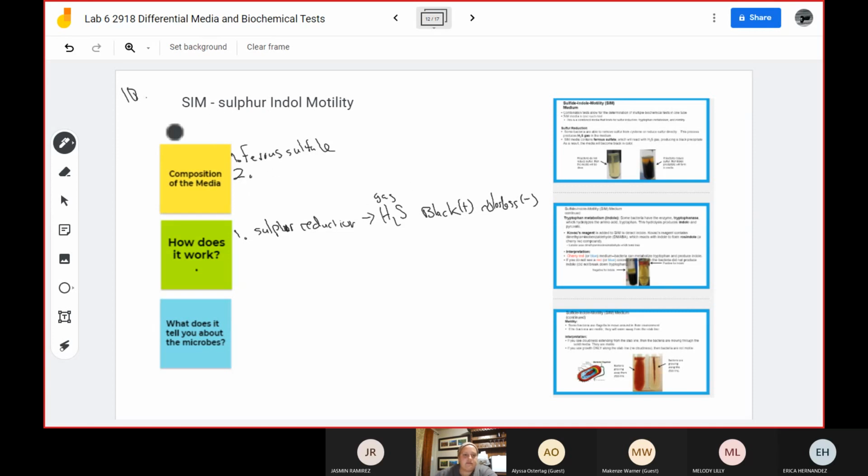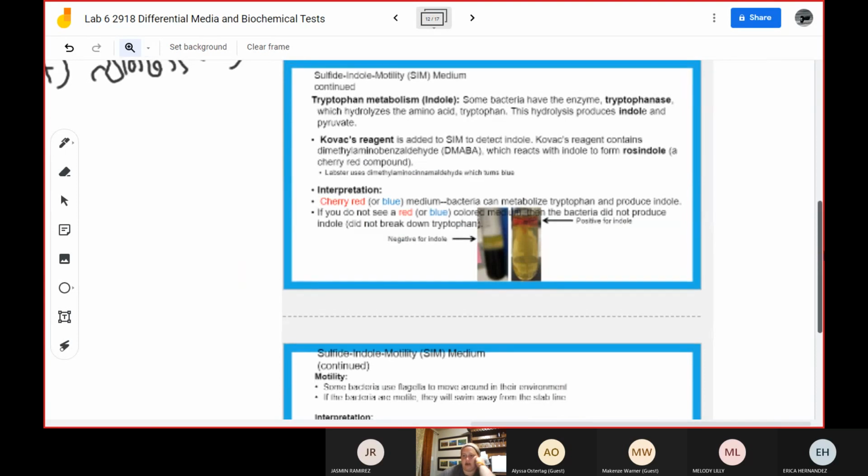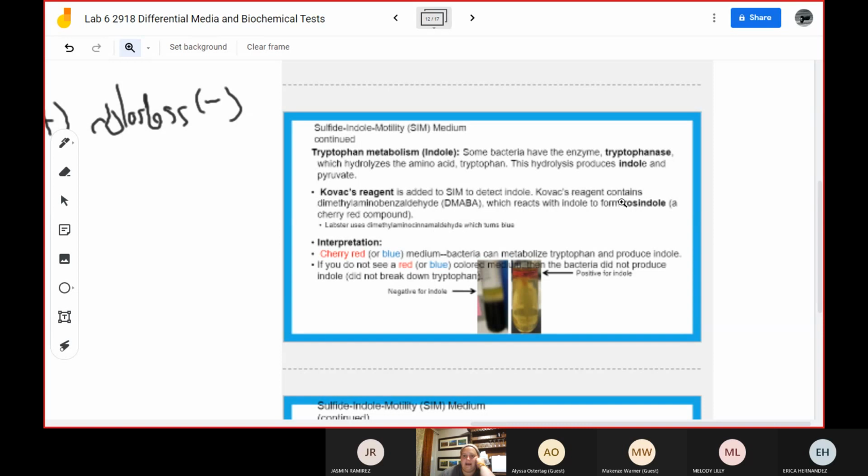Our second test is testing for indole. We actually already talked about this. The composition of the media contains tryptophan. Indole reagent, DMABA, is added to the tops of these tubes. Let's zoom in on this one. DMABA is known as Kovacs reagent. So if you're asked about Kovacs reagent, this is an indole test, to see if indole is present from the breakdown of that tryptophan to indole.